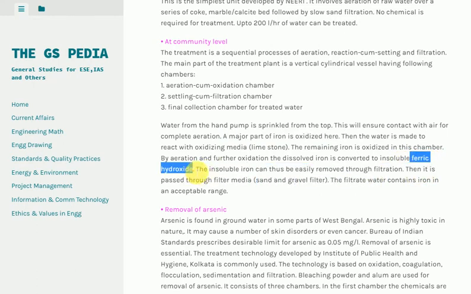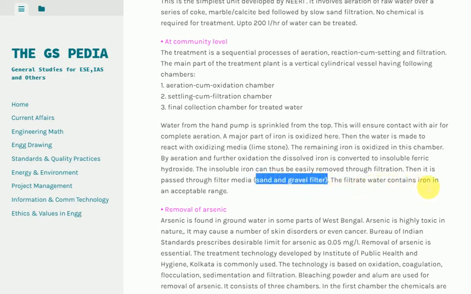The insoluble iron can thus be easily removed through filtration. Then it is passed through filter media, sand and gravel filter. The filtrate water contains iron in an acceptable range.